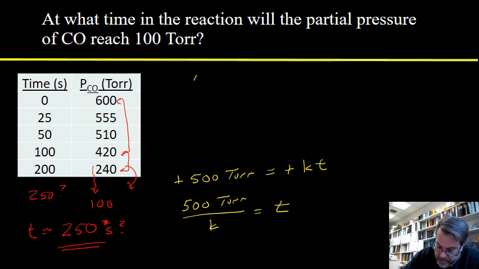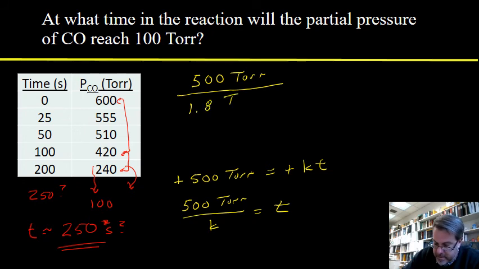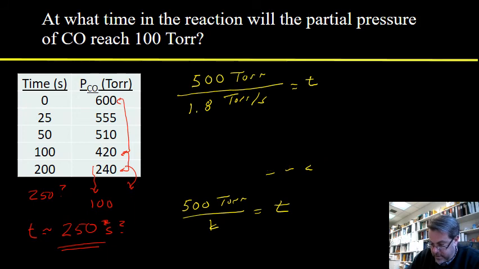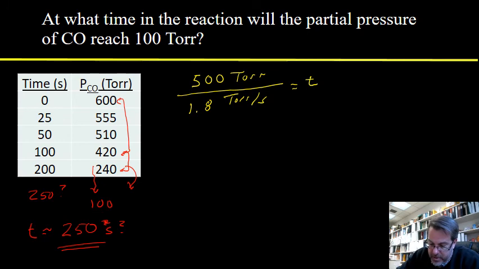So on the left side, we've got 500 torr divided by k, which is 1.8 torr per second, and that equals t. Okay. Well, actually, let's mention one other thing first. We'll look at the units here. We've got torr in the numerator and torr in the denominator, so those both cancel out.